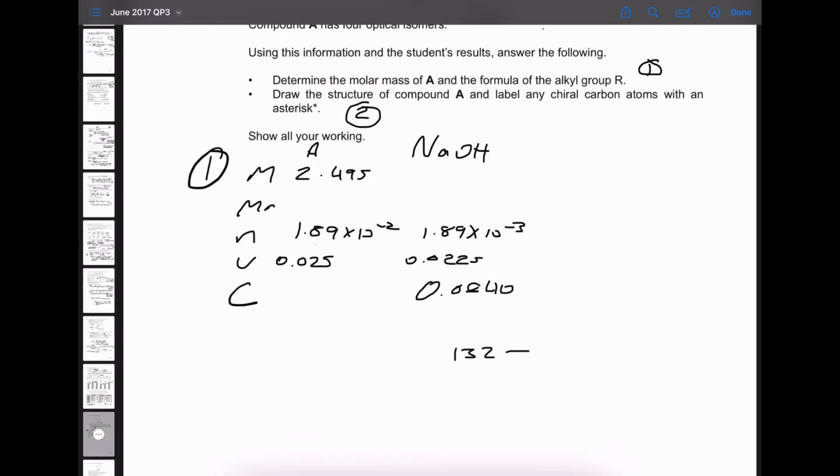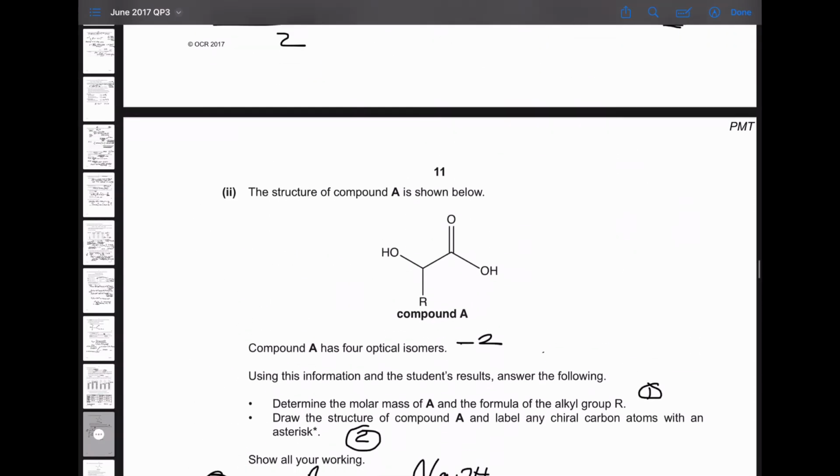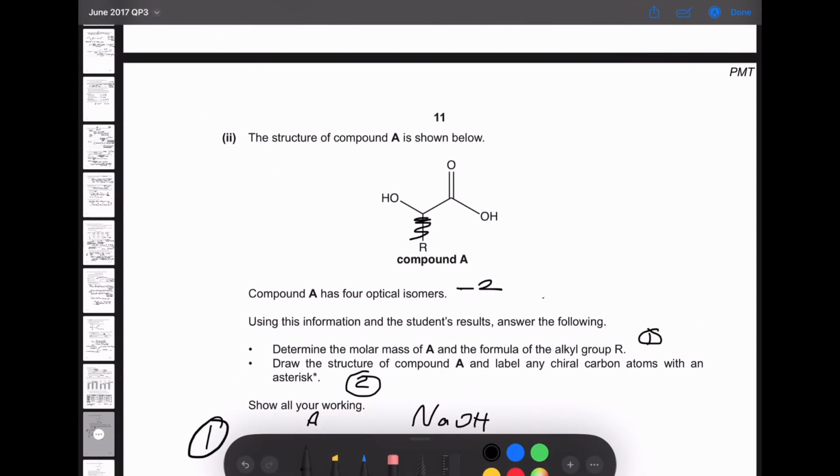And now we need to minus what we know we have at the moment, so ignoring R, what have we got? Well, we've got 2 carbons, so C2, 3 hydrogens, because there's going to be 1 here, and 3 oxygens, which together means 2 times 12, which is 24, plus 3, plus 16 times 3, which is 48, and that gives us 57.